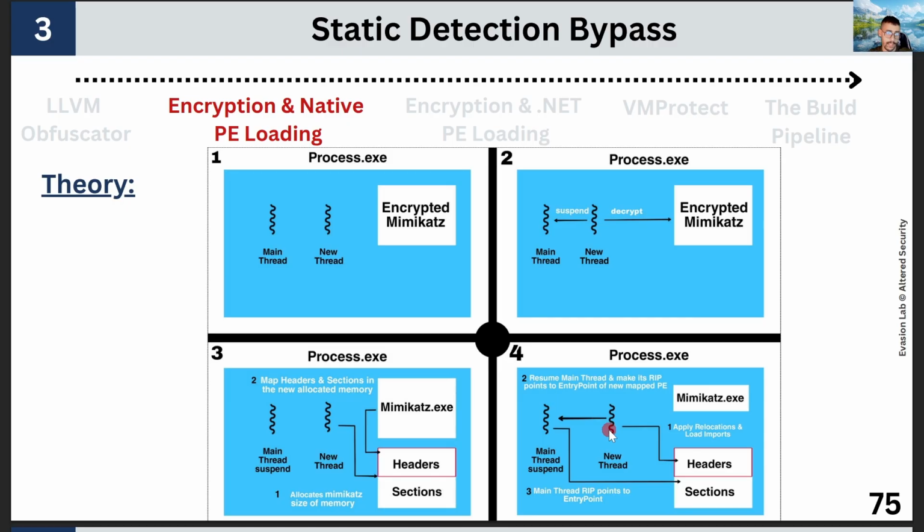Meaning that this new thread will make the instruction pointer of the main thread point to the located entry point of the mapped Mimikatz in memory. So after resuming it, the process console will be changed to the Mimikatz console, and we will see the Mimikatz signature on it.